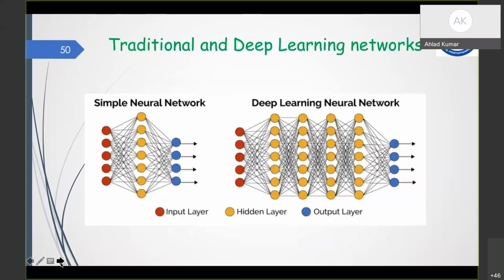Okay, so sometimes you will hear people using words like deep learning and some fancy words. Basically, I would like to tell you that deep learning is nothing more than using a larger number of layers in the neural network.